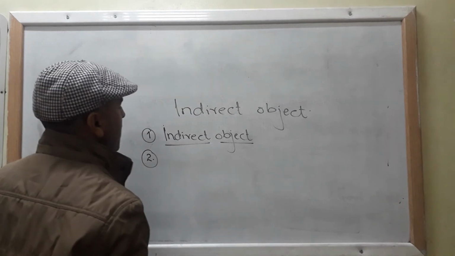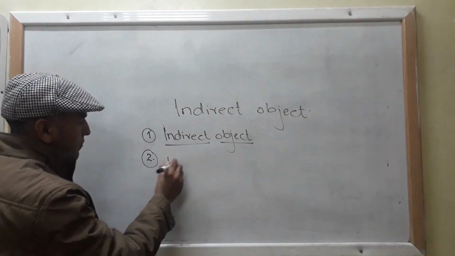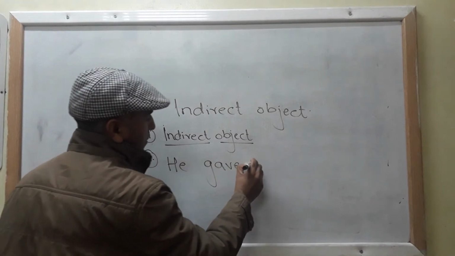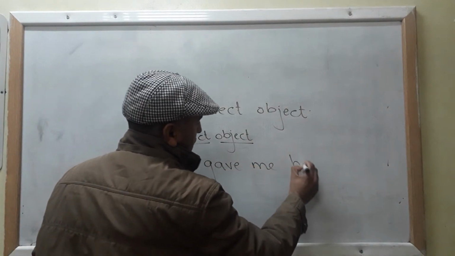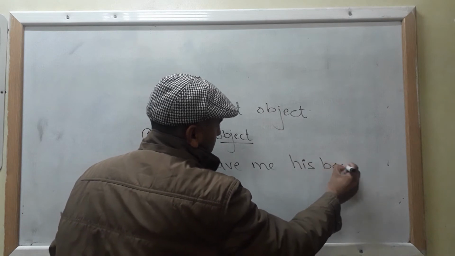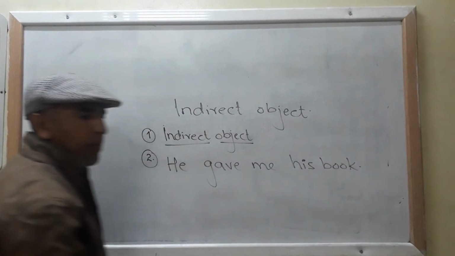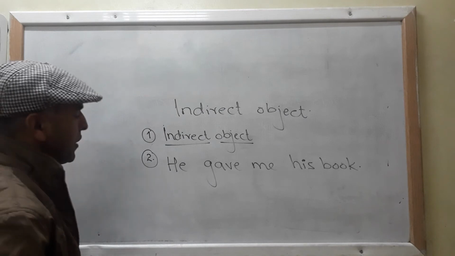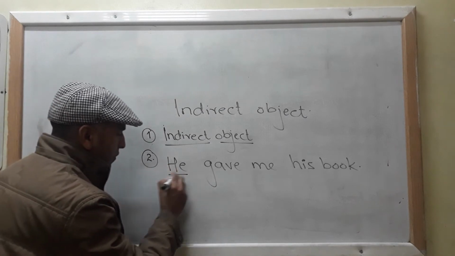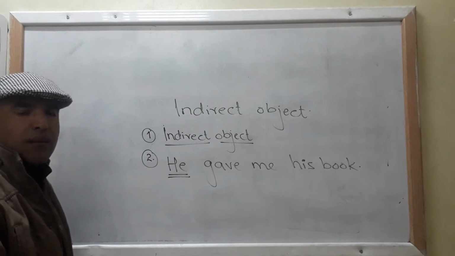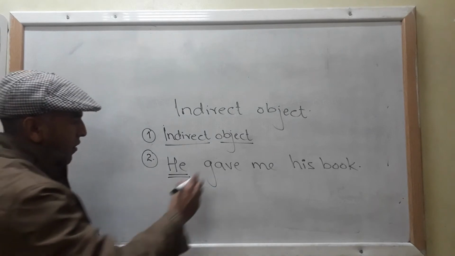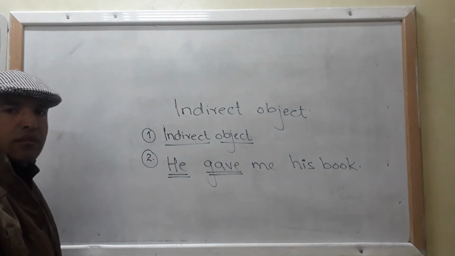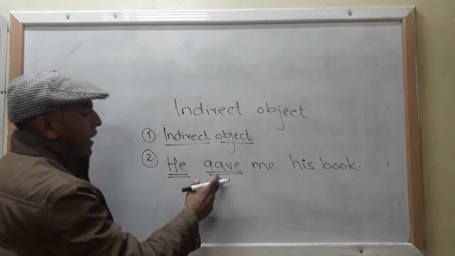Let me cite an example for you. He gave me his book. As I told you, we will have to repeat the process. First of all, we will look at the subject or doer of the action. Then we will be finding out the verb: he gave.